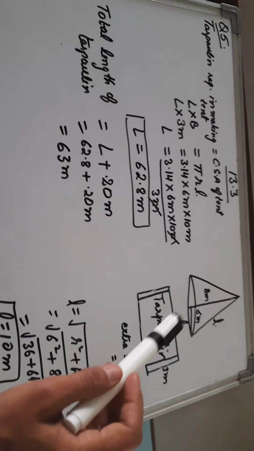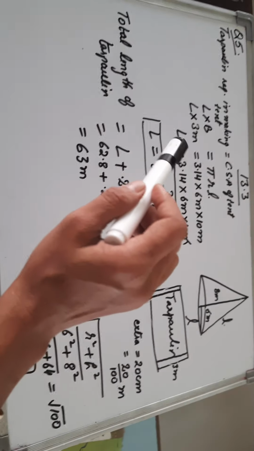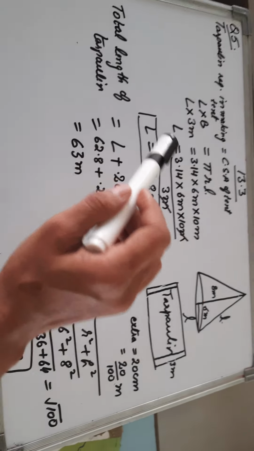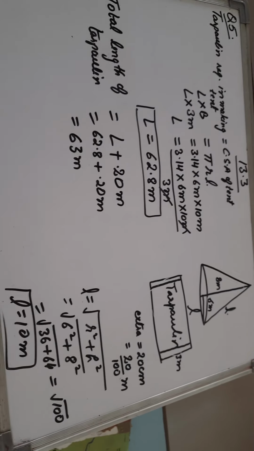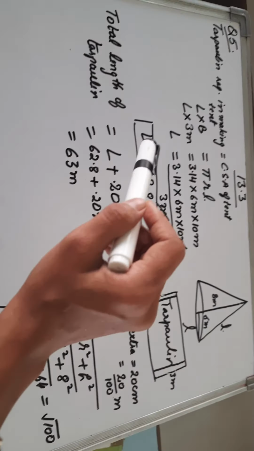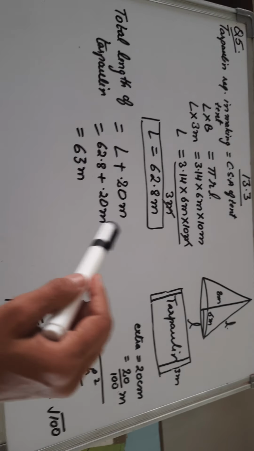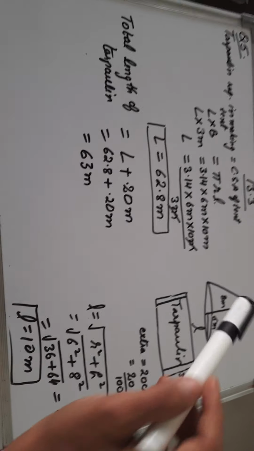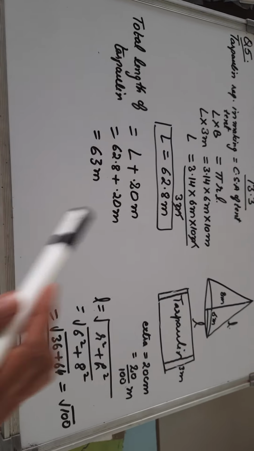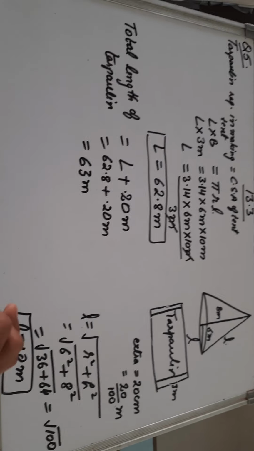As tarpaulin is in rectangular form, we'll apply the formula of area of rectangle and CSA of cone to get the length which we can see in the CSA, but some extra part of the length is also used while stitching. So we have to add this also.